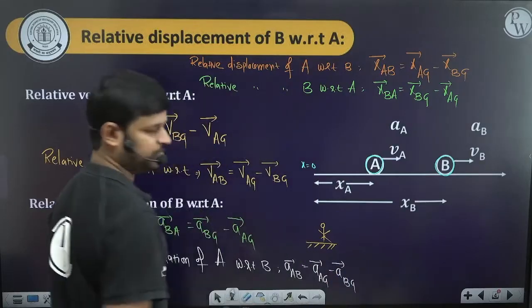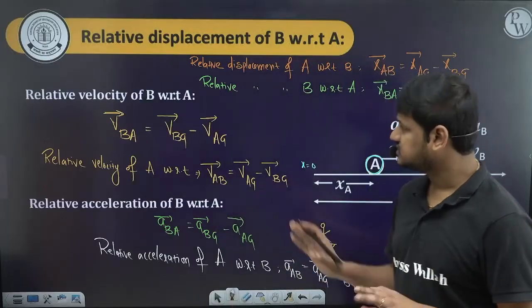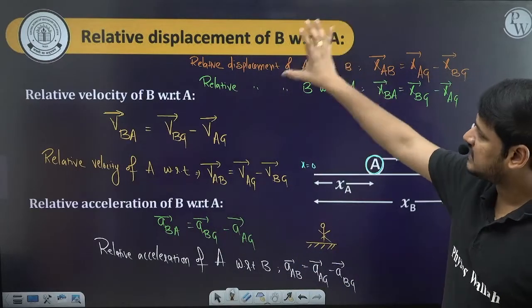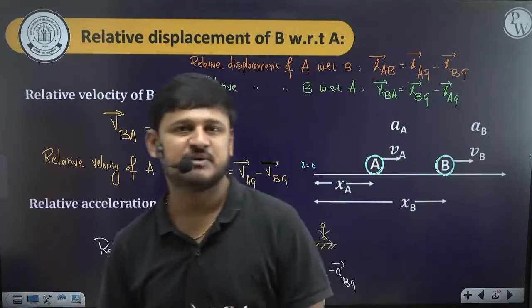That's it. Done. Clear this part, everyone? Understood this procedure? The relative displacement, relative velocity and relative acceleration of one body with respect to another.